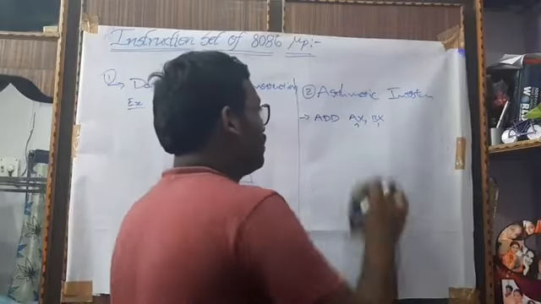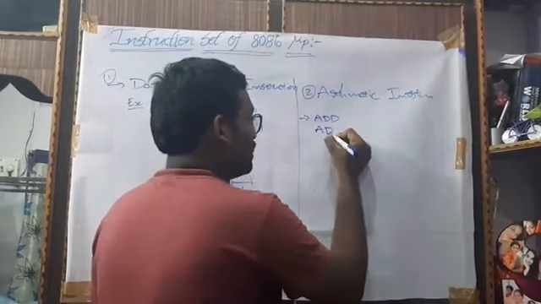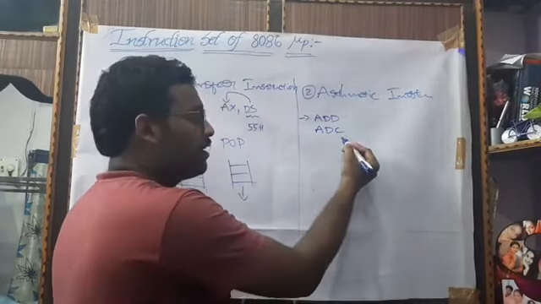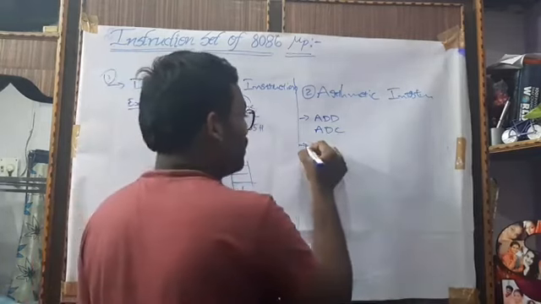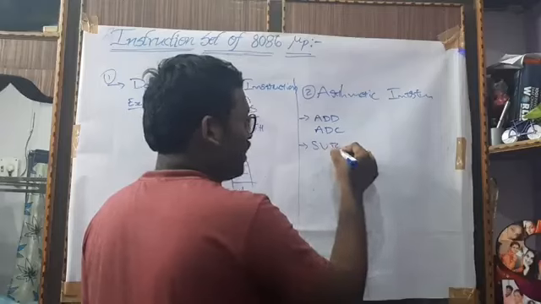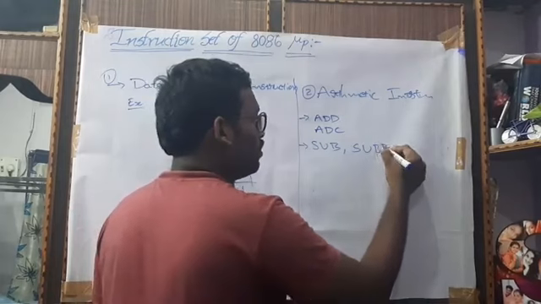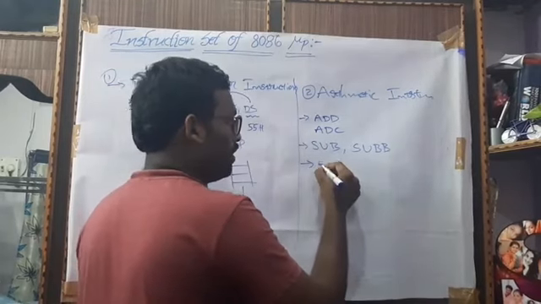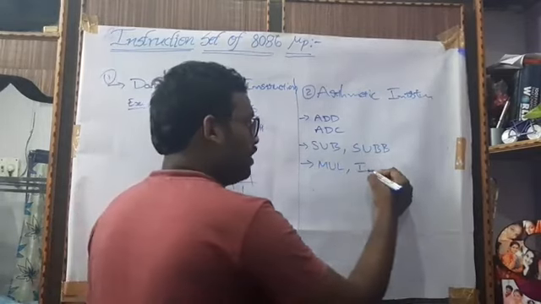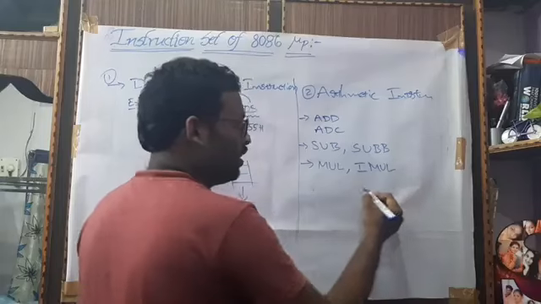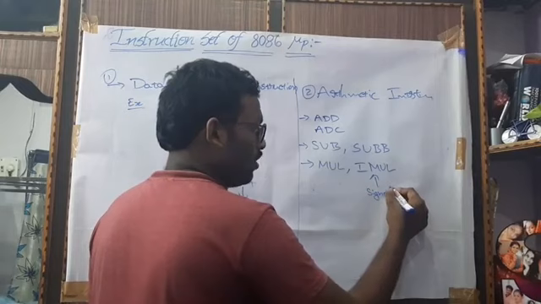Then ADC, add with carry. Next, SBB, subtract with borrow. Multiply, MUL. IMUL means signed multiplication, signed values.